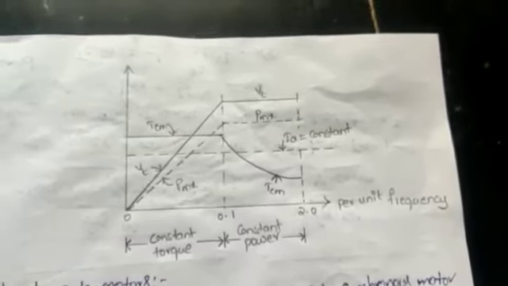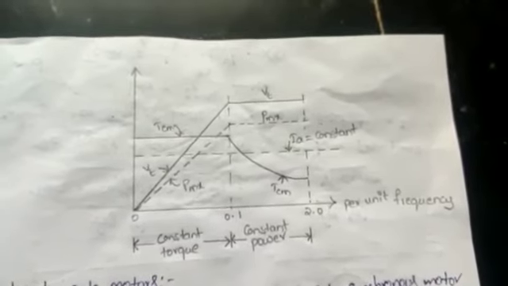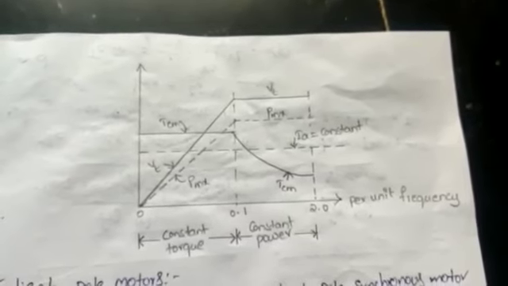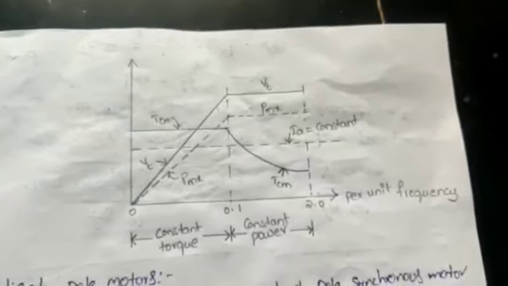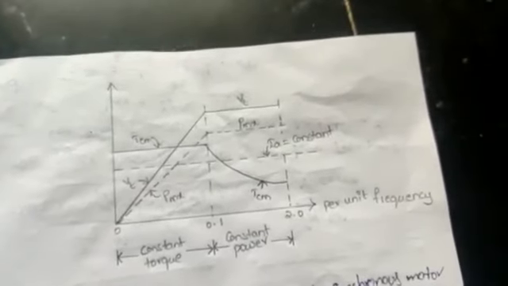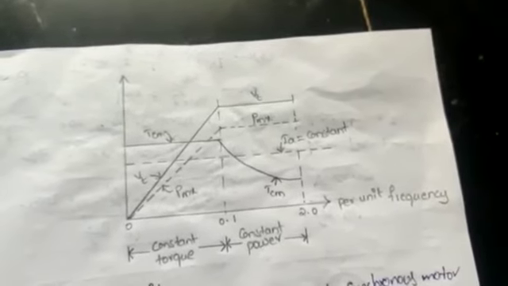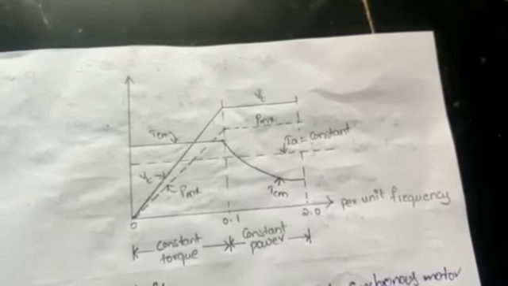This shows that Ef by Xs in the above equations is independent of frequency variation. If supply voltage Vt is varied in proportion to frequency, so that Vt by omega s is constant, then pull out torque in the equations remains constant.